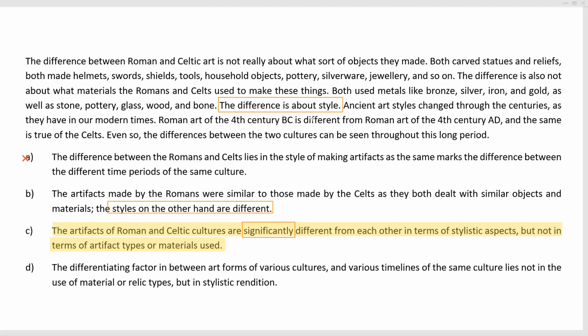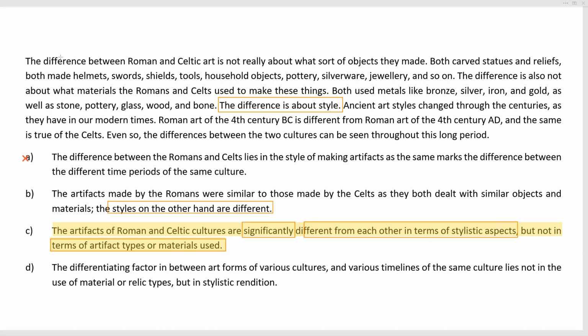The passage doesn't quite say that there is significant difference, but then significant can actually be inferred from the last statement. Despite that, there should not be room for inference in a summary question. Then again, the more marked problem with option C is that it changes the order of the arguments.